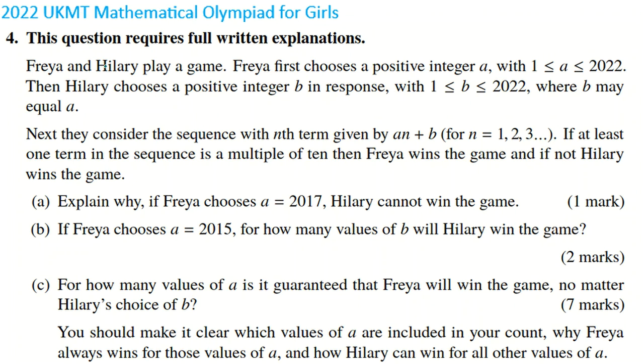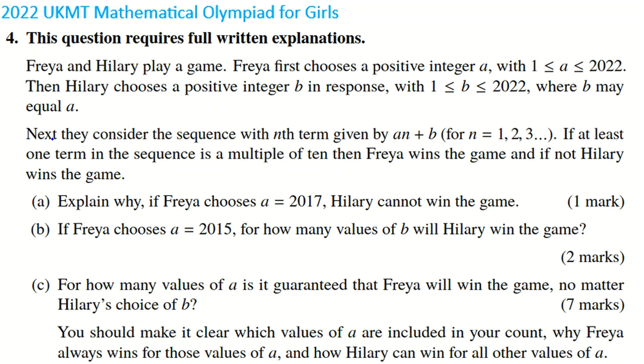Okay. It says Freya and Hillary play a game. Freya first chooses a positive integer a, with a from 1 to 2022. Then Hillary chooses a positive integer b in response, with b also from 1 to 2022, where b may equal a.